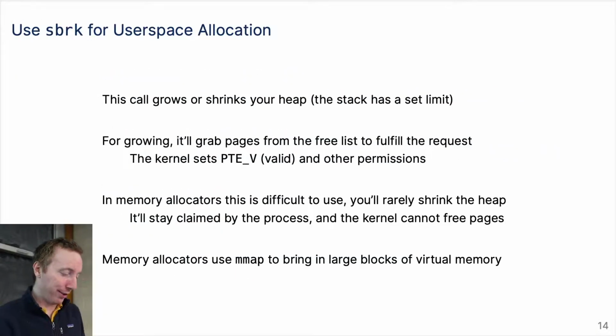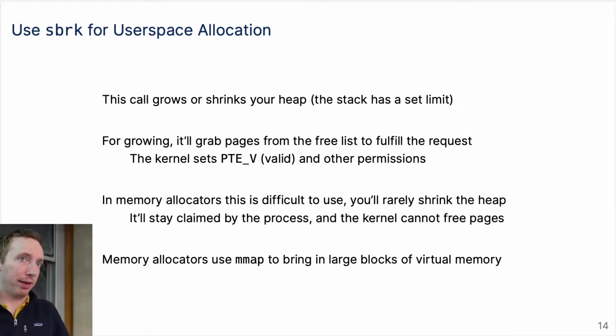Okay, so for user space allocations, we saw this sbrk instruction, and that's what the kernel cares about for allocation. This call, which is a system call, just grows or shrinks your heap as you want, and your stack, of course, just has a set limit. It's like 8 megabytes.